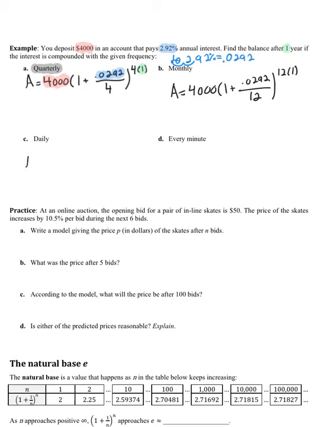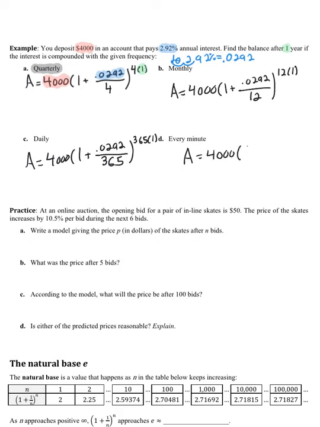We compound daily. What happens if we compound this amount every single day for 1 year? A typical year is 365 days, or 366, but we'll just leave 365 here as our yearly amount, times 1. And then the last one, what happens if it compounds every minute?